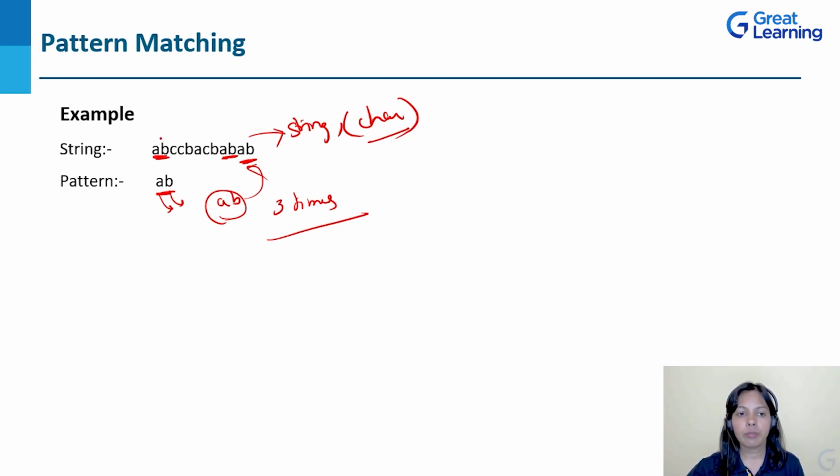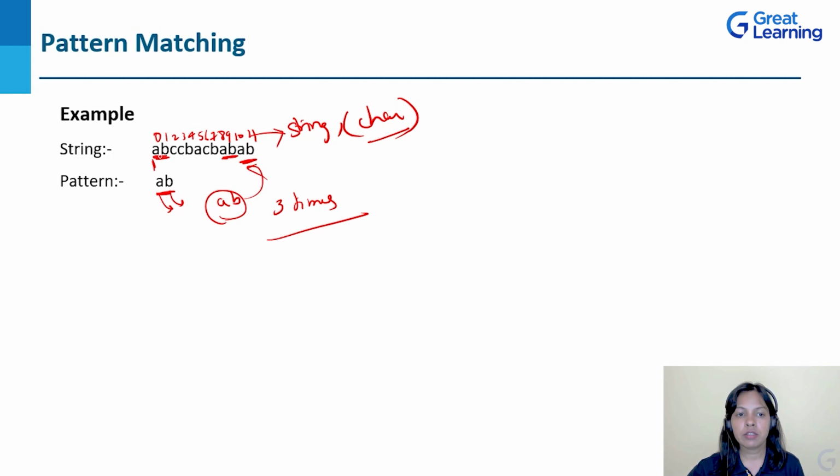If I talk about the indexes in computer programming terms, starting from 0, the index numbers are 0, 1, 2, 3, 4, 5, 6, 7, 8, 9, 10, 11. If I ask for the index numbers where this pattern was matched, you have to tell the first index from where the pattern starts.